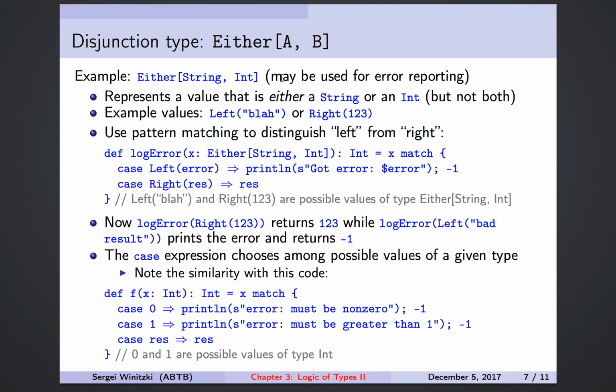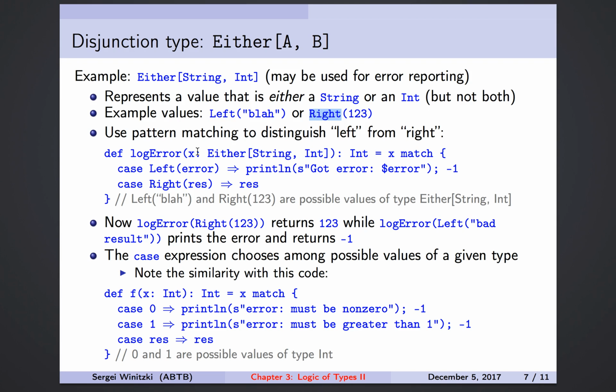We were looking before at the situation when we wanted to generate error messages with computation. Let's suppose we have a function that needs to return an integer but may actually have an error. And so it returns this type, Either of String and Int, which is a disjunction between two domains. The first is the set of all strings, the second is the set of all integers. And it is labeled by symbols Left and Right. And these symbols also come from the Scala standard library.